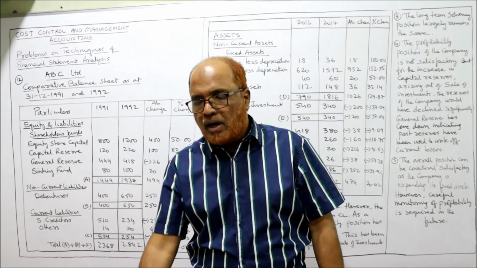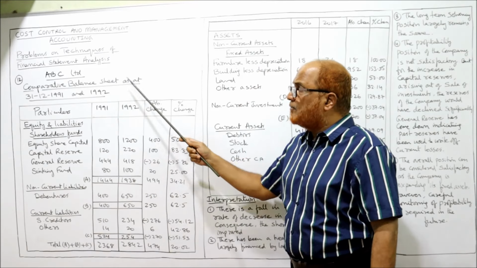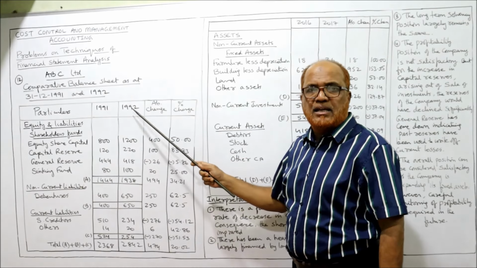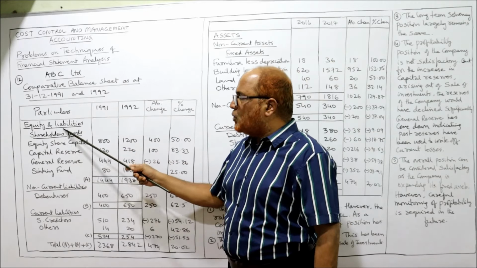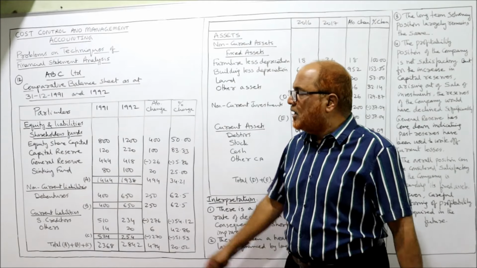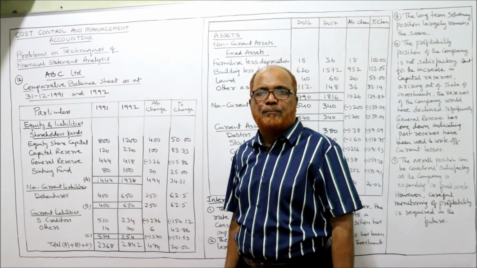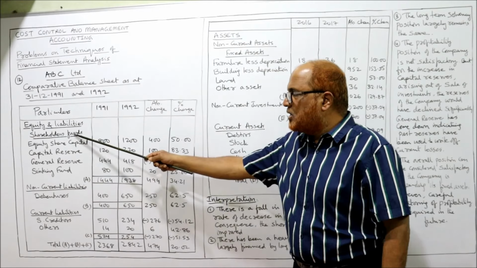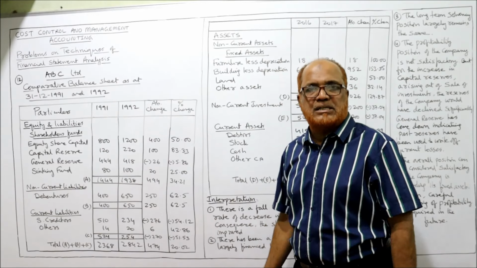So already you know how to make the format of the balance sheet. So the comparative balance sheet: 91 last year, 92 current year, absolute change, percentage change. First of all, equity and liability, shareholders fund. In this problem, 4 items are given: equity share capital, capital reserve, general reserve and sinking fund. Then non-current liability, only one item, the debentures.